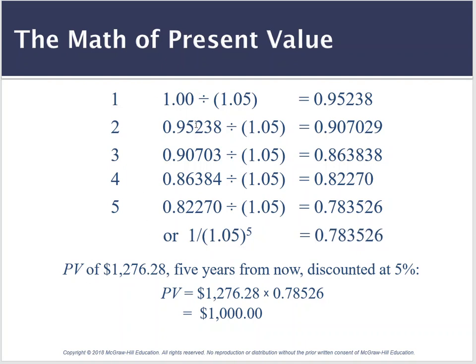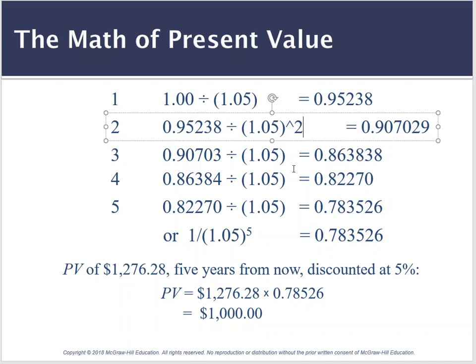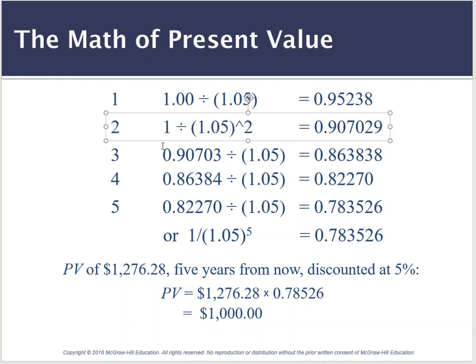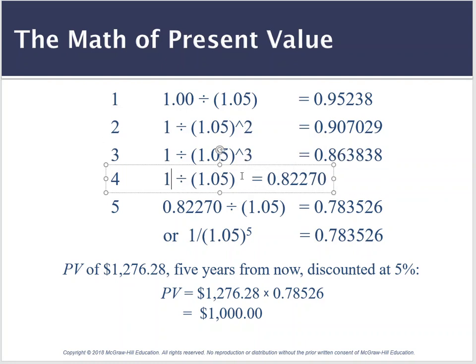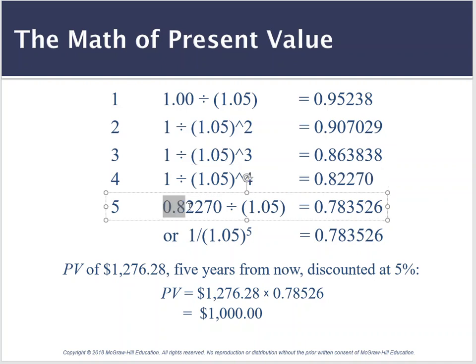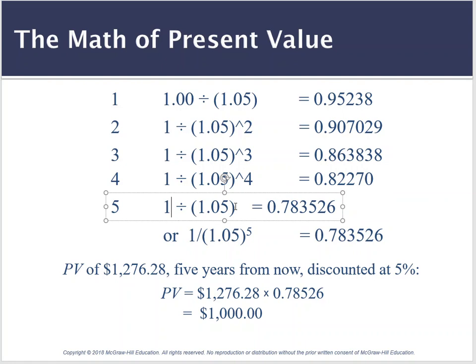However, normally it is done this way. You take $1 divided by 1.05, then $1 divided by 1.05 squared, then 1 divided by 1.05 to the third power, 1 divided by 1.05 to the fourth power, and finally 1 divided by 1.05 to the fifth power.